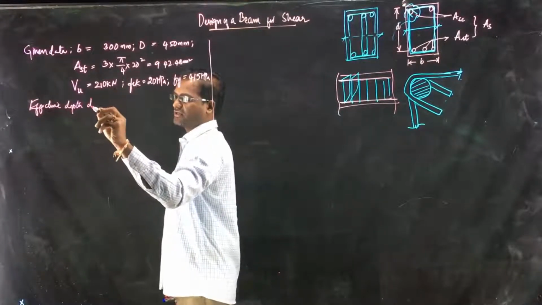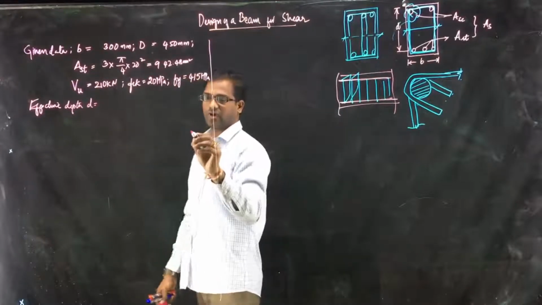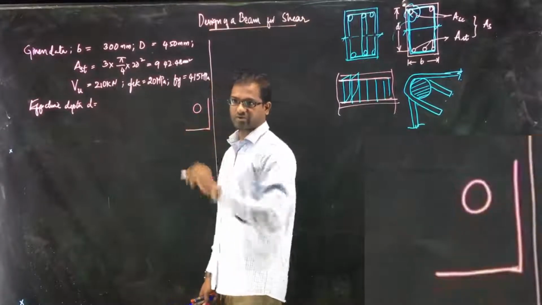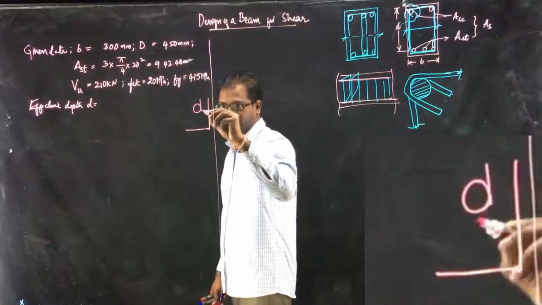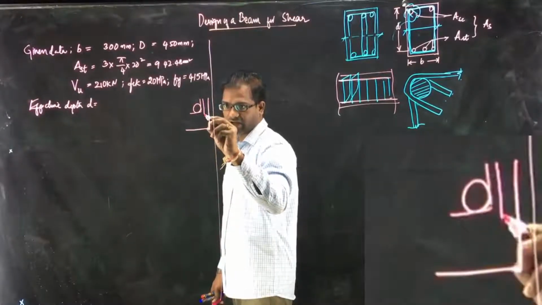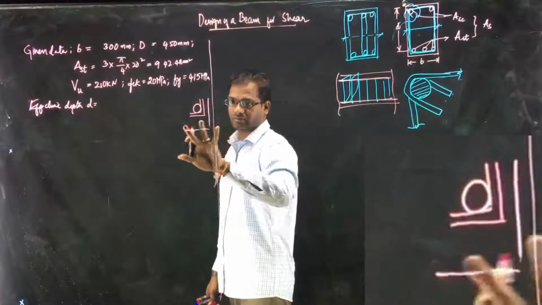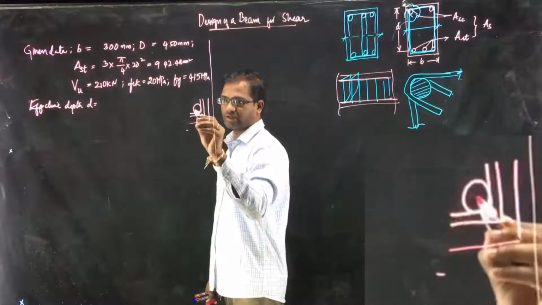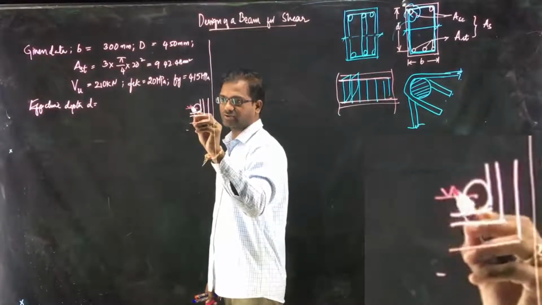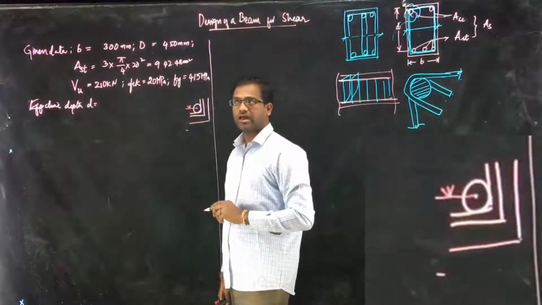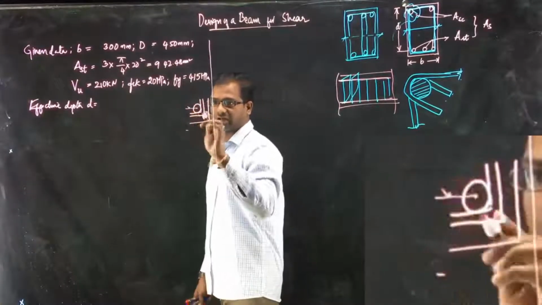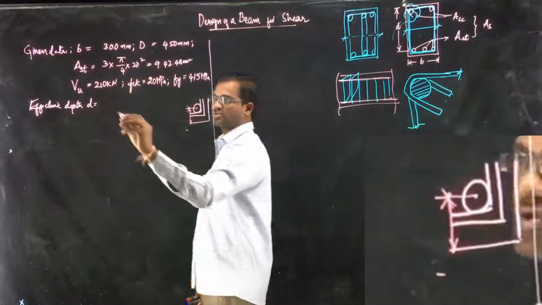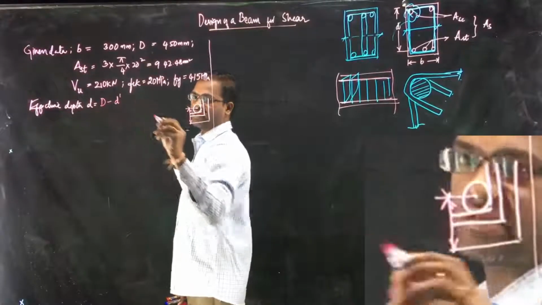Effective depth small d is given by, when you have a cross section with main reinforcement, and to this main reinforcement you have a ring coming. What is small d? From the center of the steel to the top fiber is called effective depth small d. To get it, you need to evaluate this and deduct it from capital D. So capital D minus D dash is what we need to calculate.